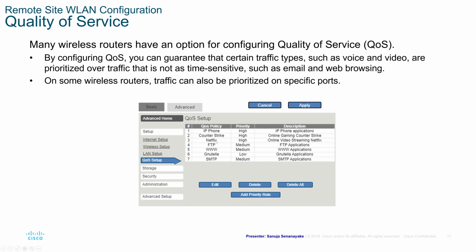Then we have Counter-Strike and Netflix. Counter-Strike is a video game, and Netflix is an online streaming service, with high priority, with FTP and internet web traffic under medium, and other traffic under low quality of service priority.